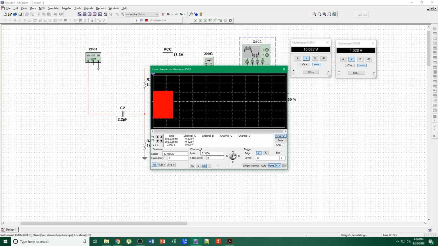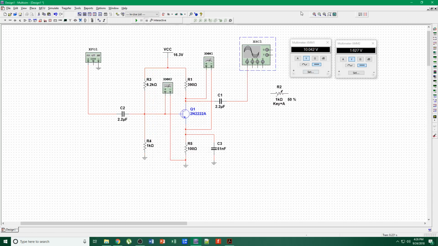What does our oscilloscope say? 10 volts per division. It is clipping in Multisim and not giving me a perfect sine. Plus my voltage is too high, apparently. So I will disconnect this stuff for now and see what my voltages are. 8.9 is high, 2.2 is a little low, as I set this to 2.3 at the base.